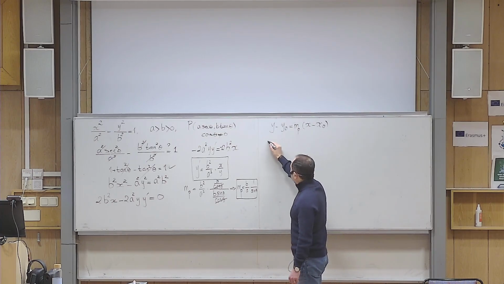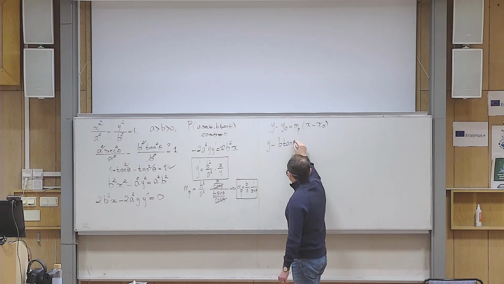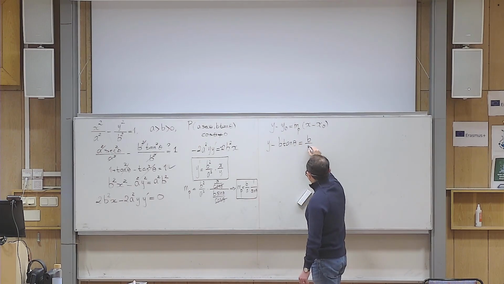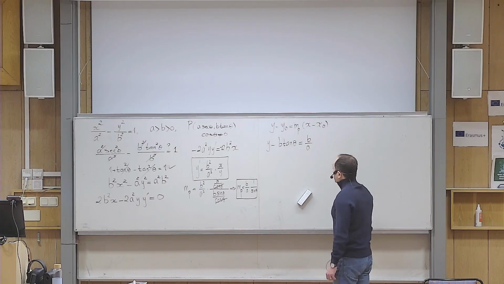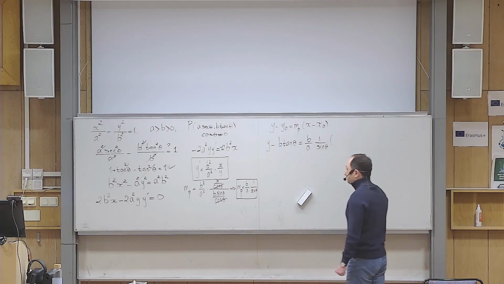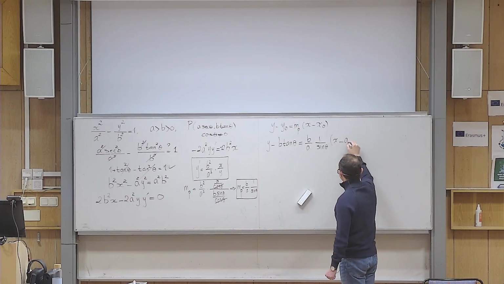So I would write it as y minus y naught equals m sub p, which is this expression, b over a, and then I have 1 over sine theta, and then I have x minus x naught, which is a secant theta.